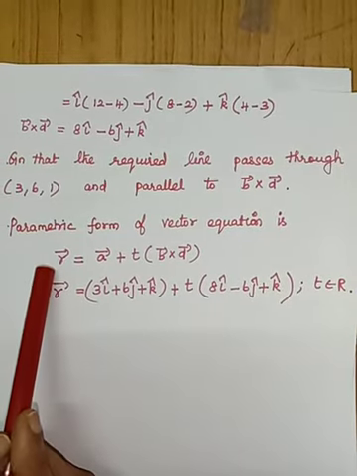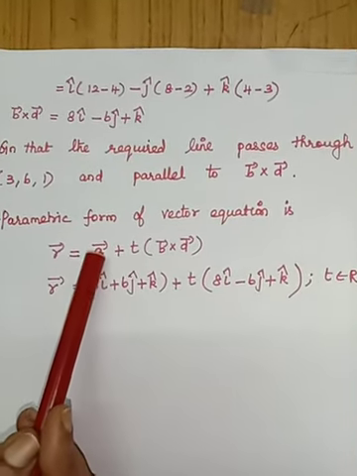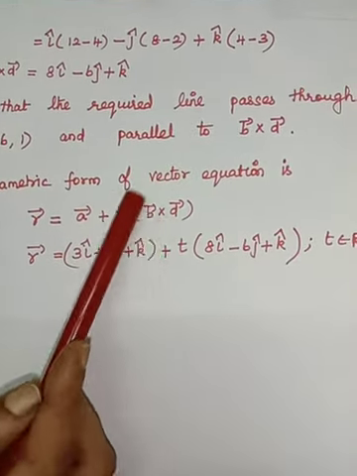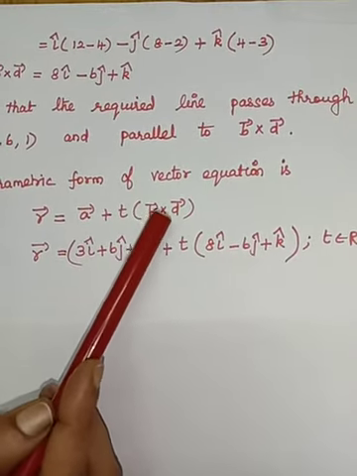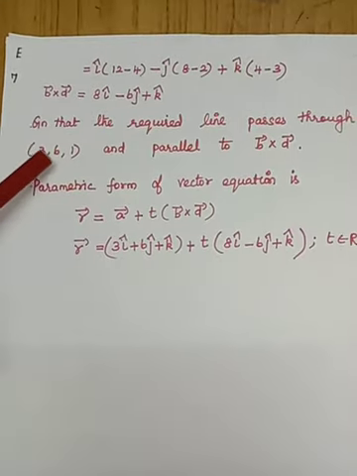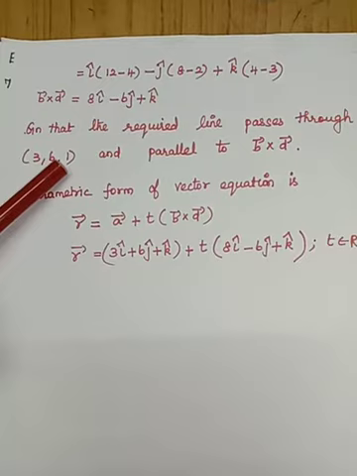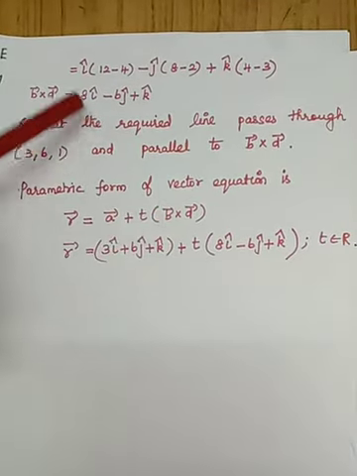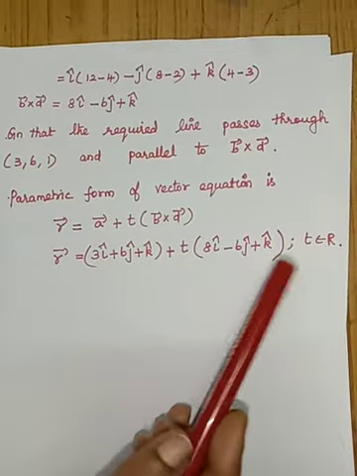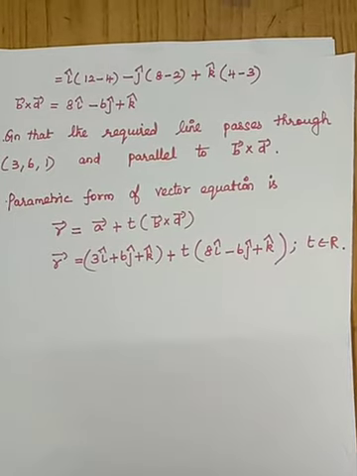The formula is r vector equals a vector plus t into the parallel vector. What is the parallel vector here? b vector cross d vector. So a vector can be written as 3i cap plus 6j cap plus k cap, and b vector cross d vector is given here. Here you can use t or you can use s, where s and t belong to R.